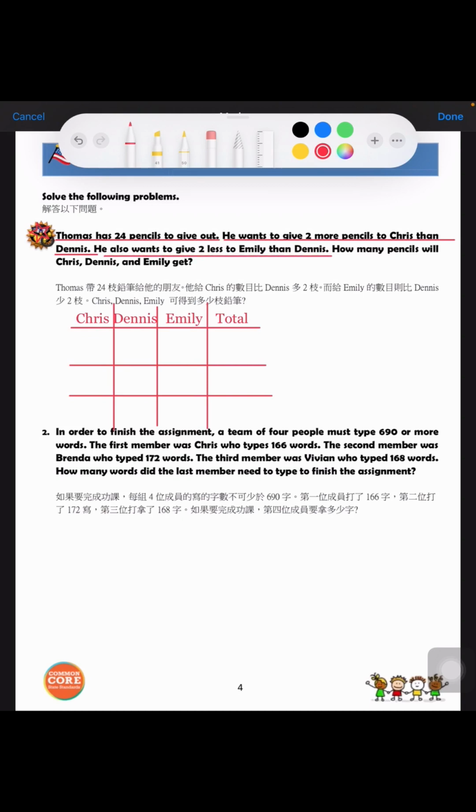How many pencils will Chris, Dennis, and Emily get? As you see, there is a table here, so you should know that we also have to make a hypothesis. So the total number of pencils they got is 24.